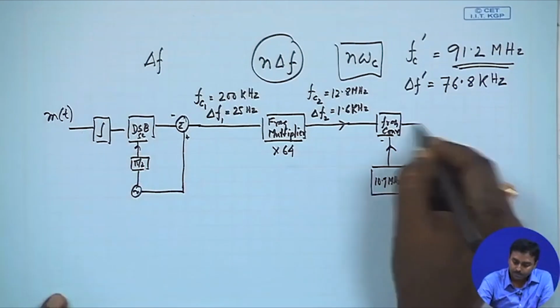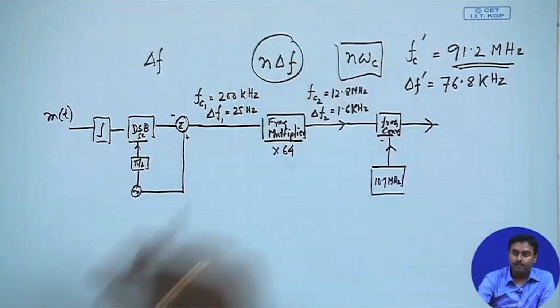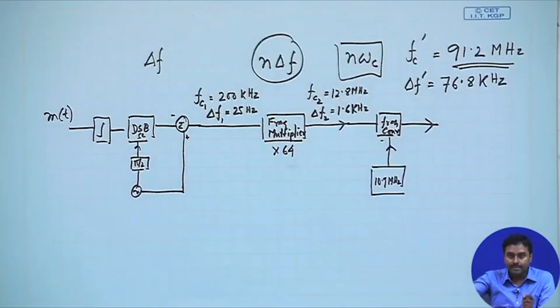So, what will happen if I just do this, this frequency, the FC2, will get translated to a higher frequency, but del f will remain the same because I am not passing it through a multiplier, it is just a frequency translator, it will just take it to a higher frequency, nothing else. The frequency deviation will not have any effect on that.